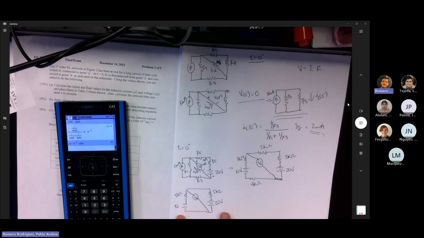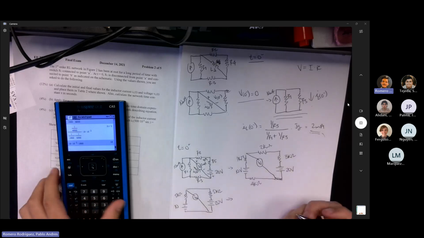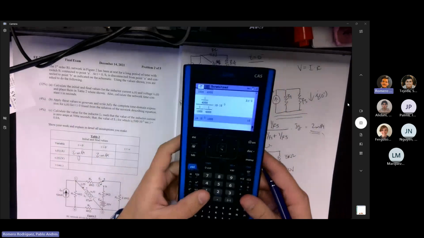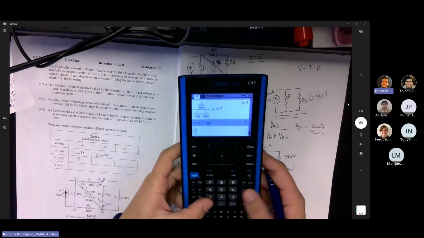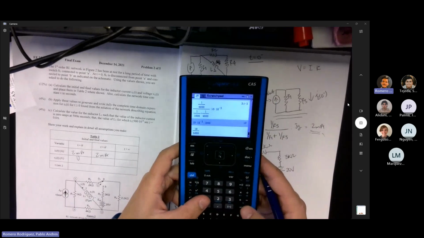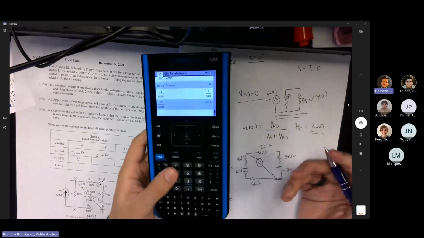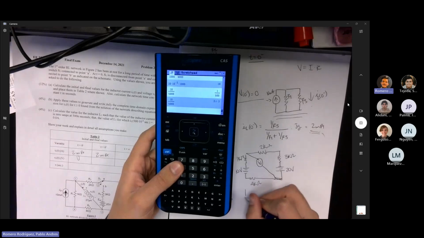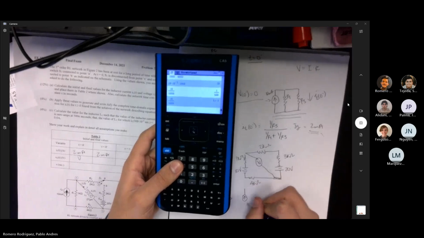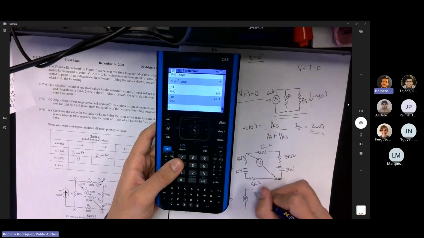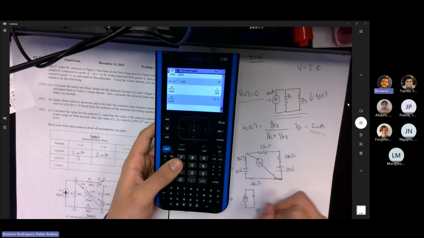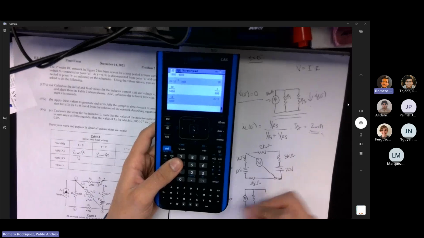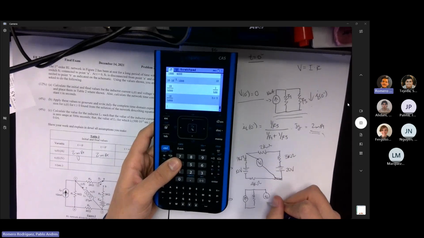And I'm going to finally transform this one last time so that all I have is current sources. So I'm going to have 10 volts over 5,000 ohms, which gives me 2 milliamps. So I'm going to have 2 milliamps there with that 5,000 ohm resistor, with that other source pointing down.